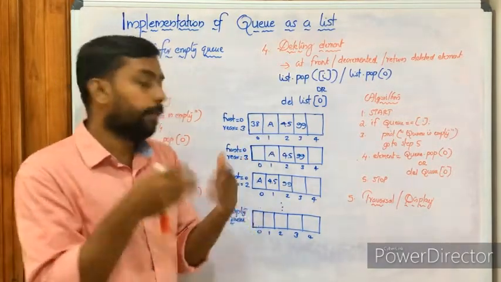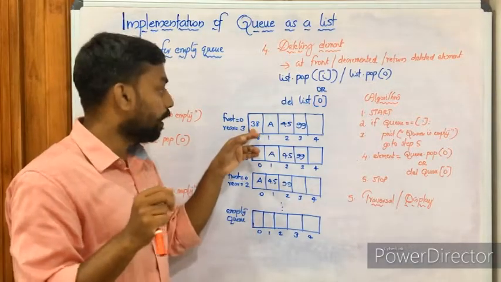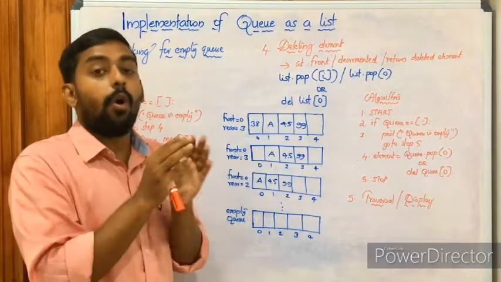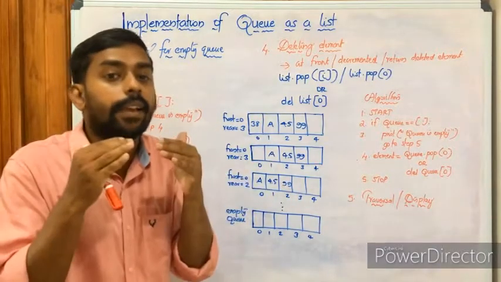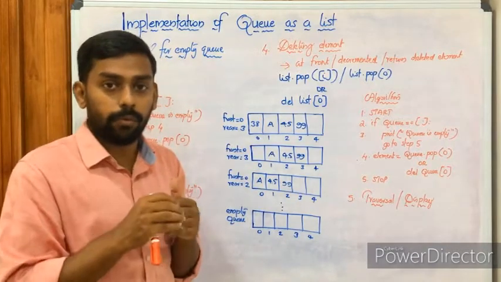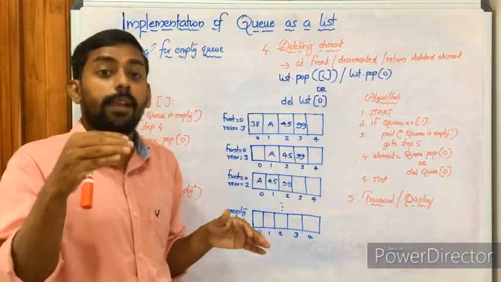Then which item can be deleted? The element which is at the front. Here 38 is the value at the front. That's the element at the front. Only that item can be deleted in the case of a queue. That's it. Okay, we know we are implementing a queue. There is no such default concept in any programming language. We are implementing the concept.